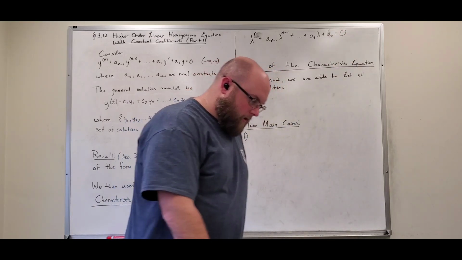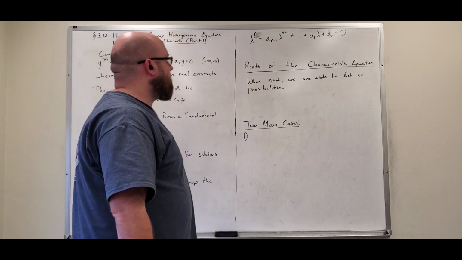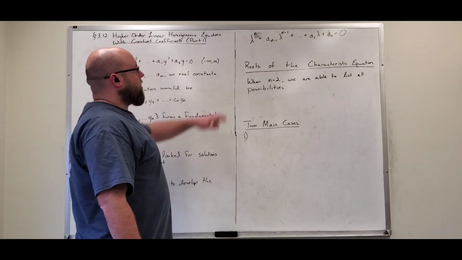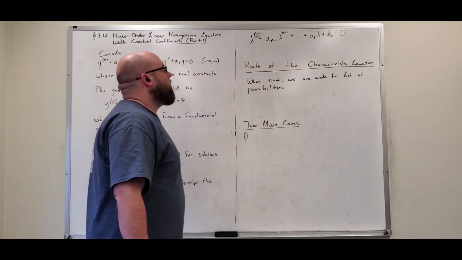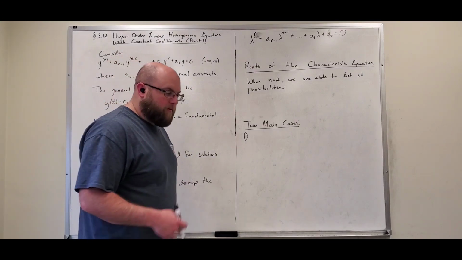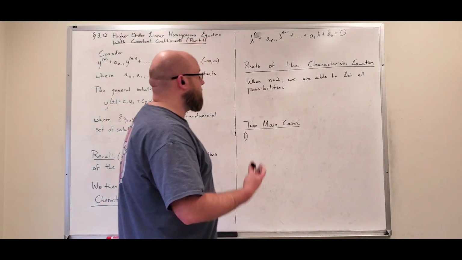Okay. So now what we've done is we've formed this polynomial equation with constant coefficients, and we could solve for these guys, provided that we know how to solve a polynomial equation.